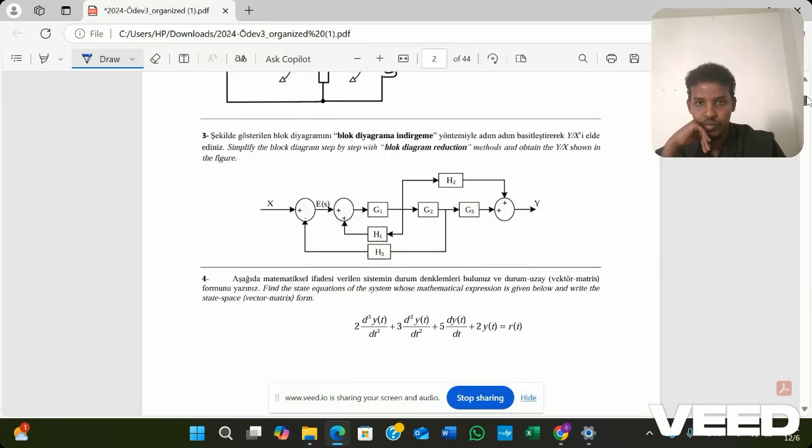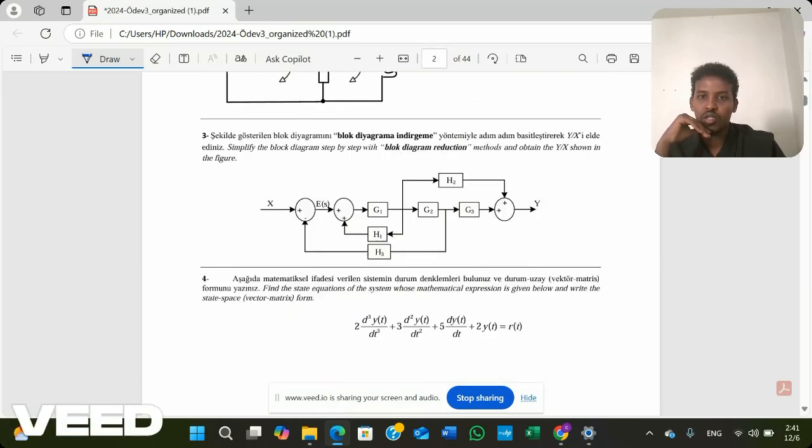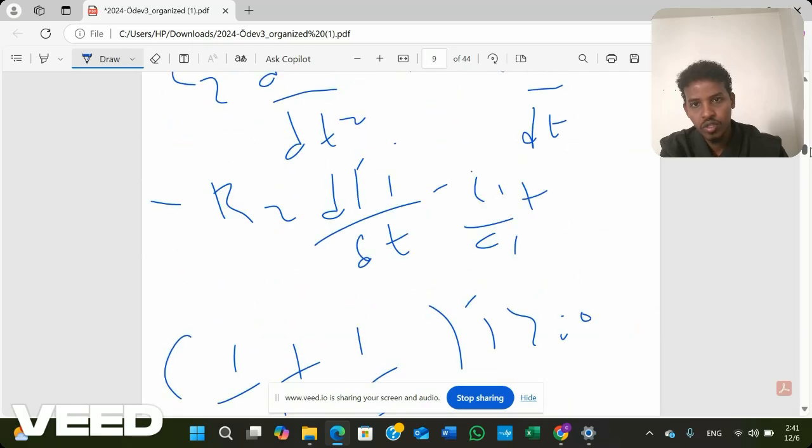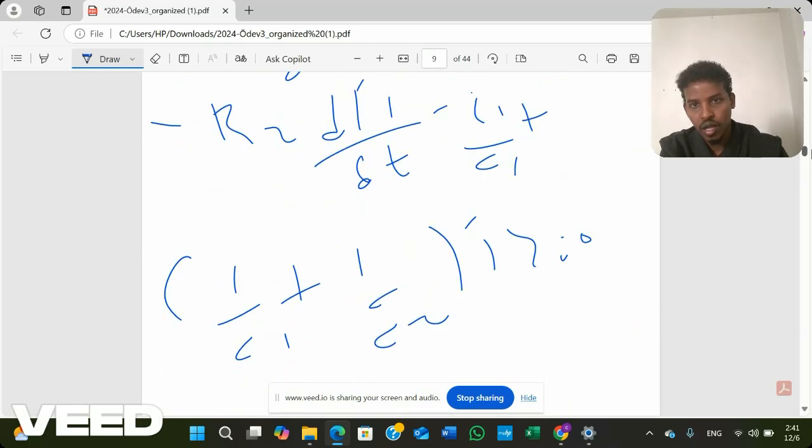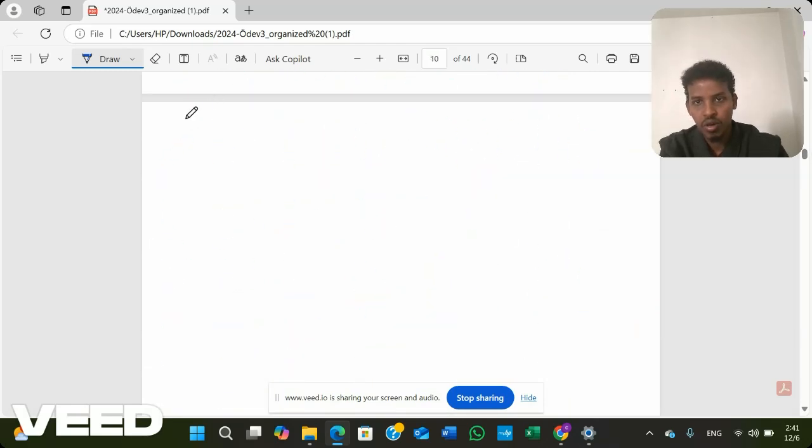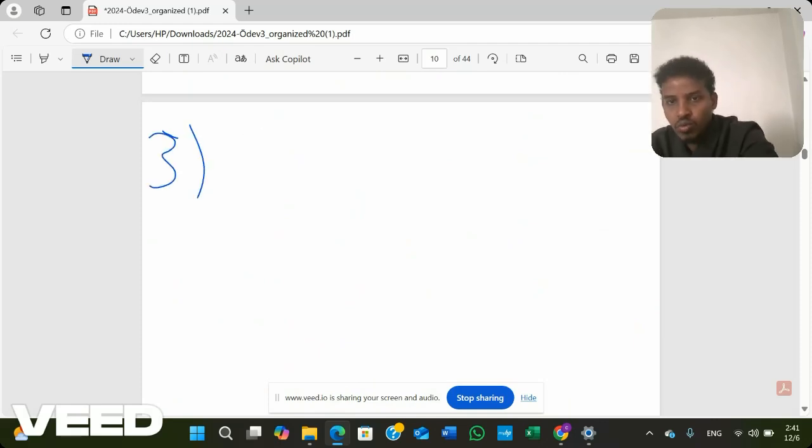Simplify the block diagram step by step with block diagram reduction, as shown in the figure. I will do this block diagram. I will look for that question.